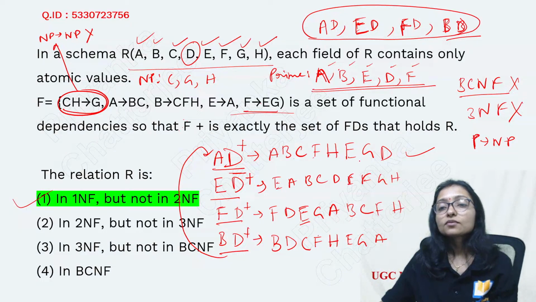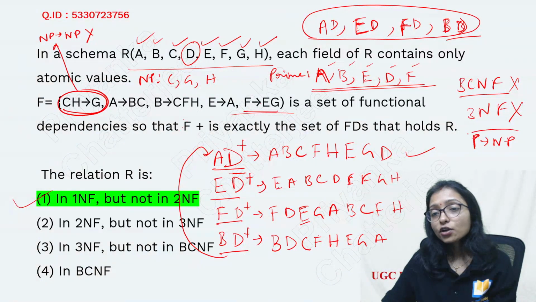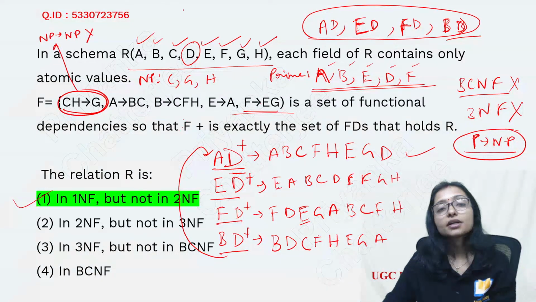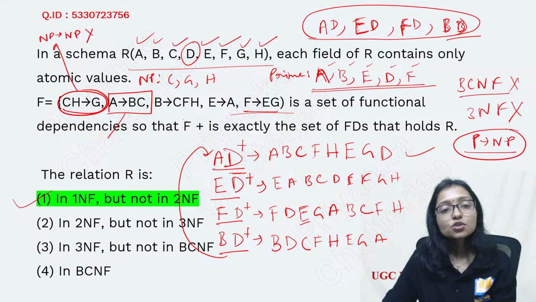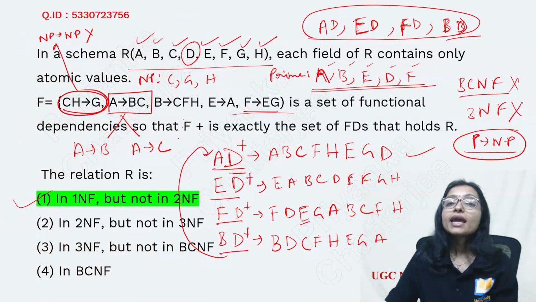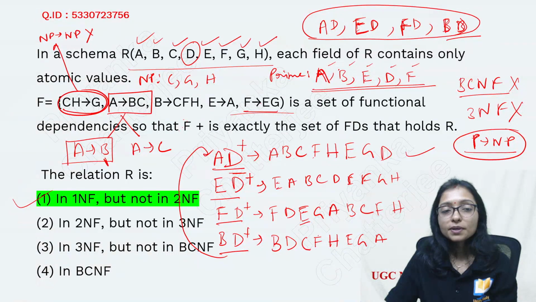Okay. So what is happening here? Is non-prime to non-prime happening here? It is happening. You can see BC here. This one I can write as A implies B and A implies C. A implies B is actually prime to prime because B is also prime.